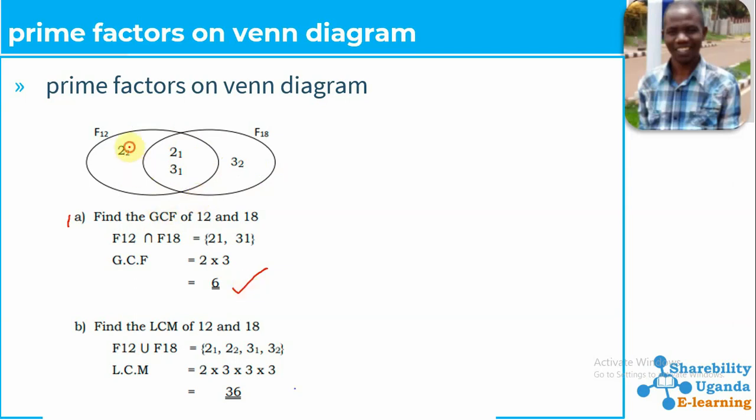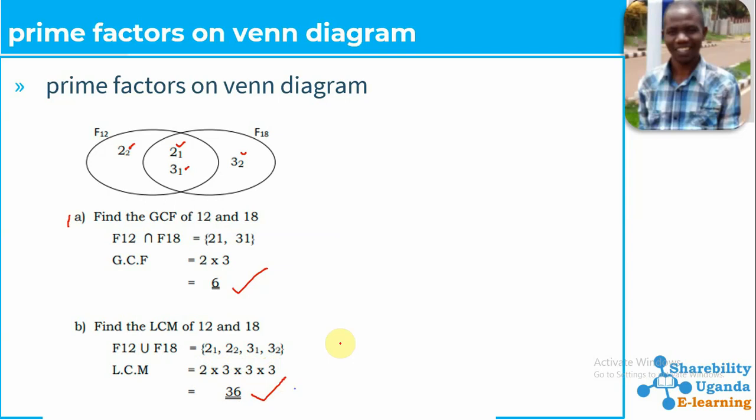So we have our 2, 2, and we also have 3. So we shall have 2, then 2, then 3. When you multiply 2 times 2 times 3, we shall be able to get our answer as 36.